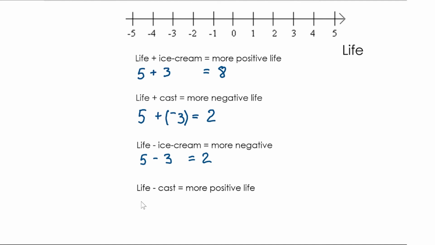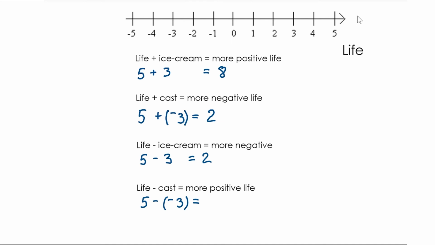Now, if you have your life at level 5 and you take away a negative factor, a cast, you take away a negative 3, your life should become more positive. So it should become 3 more positive than 5. If we had more numbers here, we would go 6, 7, 8.